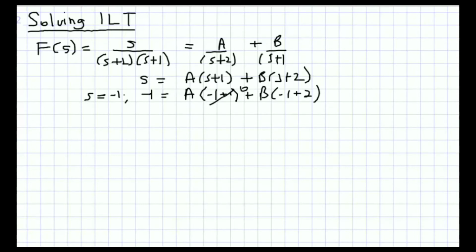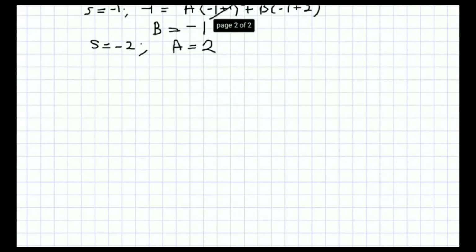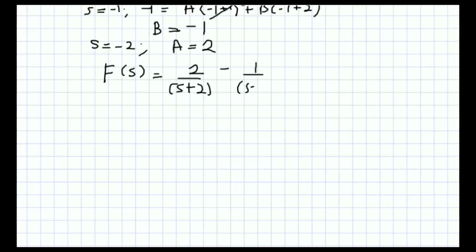So this is 0, right? That will give you B equals minus 1. If we take s equals minus 2, you can try and do it yourself. And that will give you F(s) equals 2 over s plus 2 minus 1 over s plus 1.